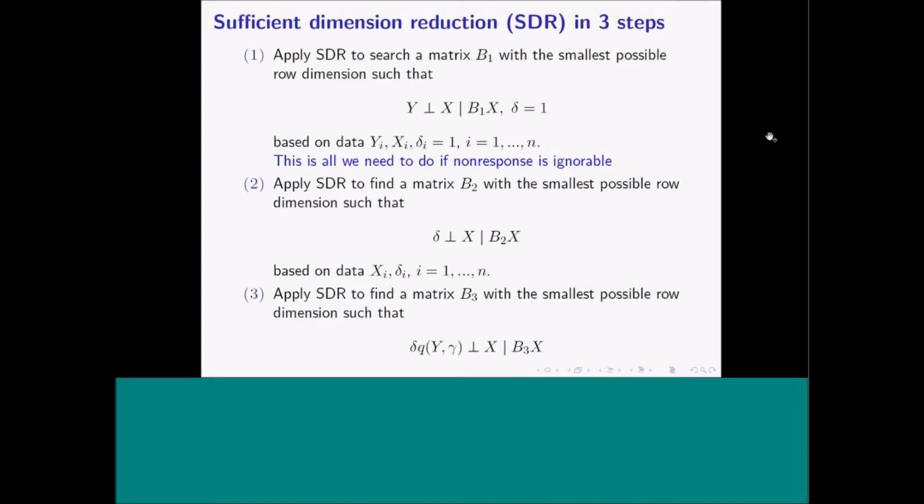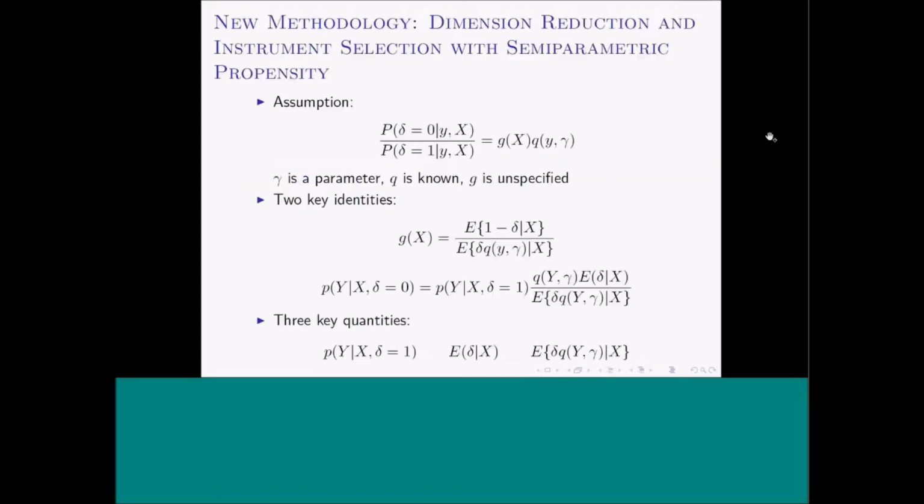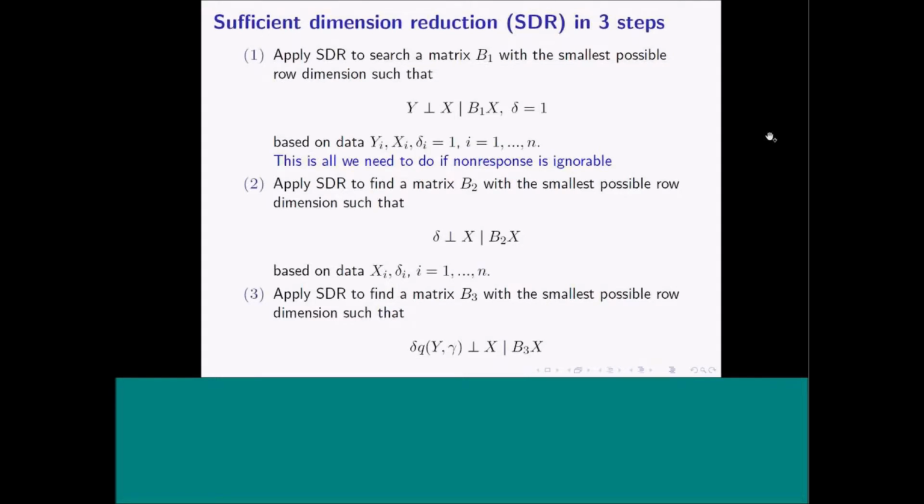Next, I'm going to do dimension reduction in 3 steps. The first step is related to the first quantity in the last line, and that one is easy.